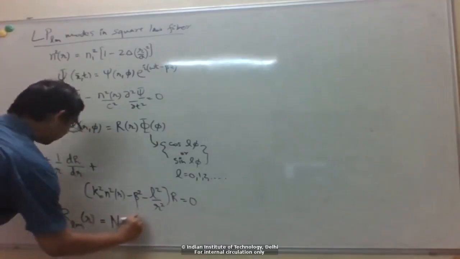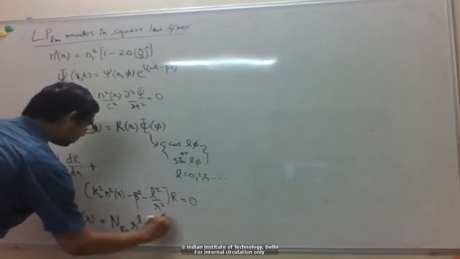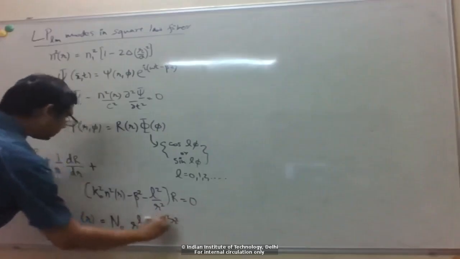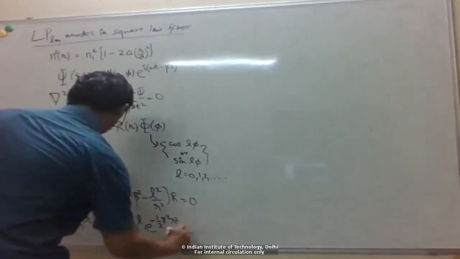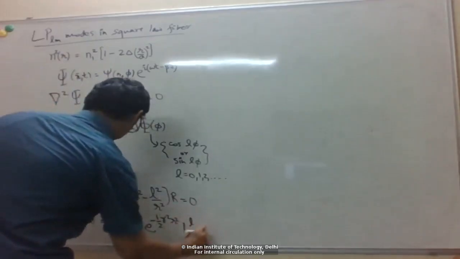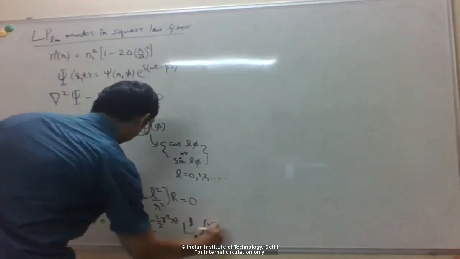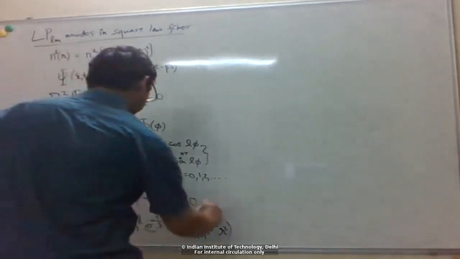So the solutions look like this. Again, there's a Gaussian part here, and then you have a Laguerre polynomial here.